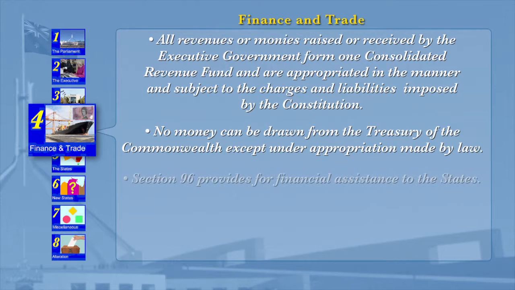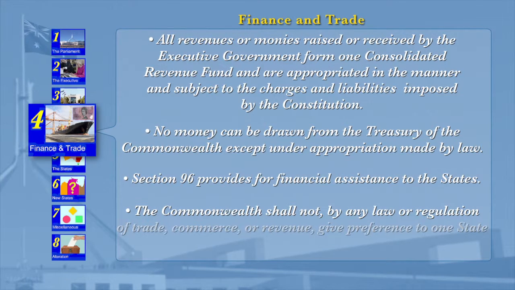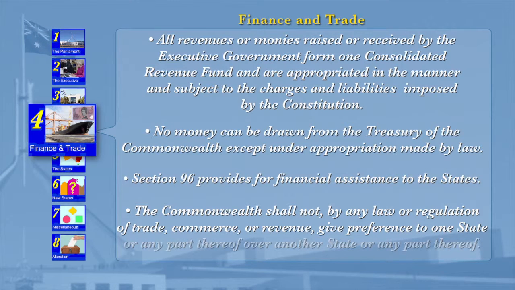Section 96 provides for financial assistance to the states. The Commonwealth shall not, by any law or regulation of trade, commerce or revenue, give preference to one state or any part thereof over another state or any part thereof.